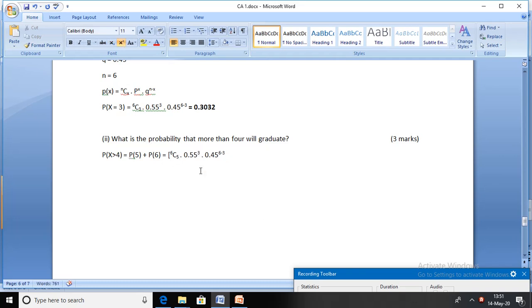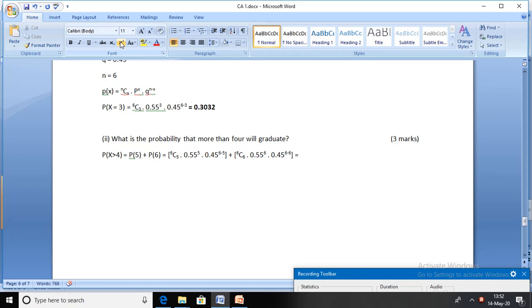So where there is x, put 5. Or the probability of 6, where there is x, put 6. Like that.